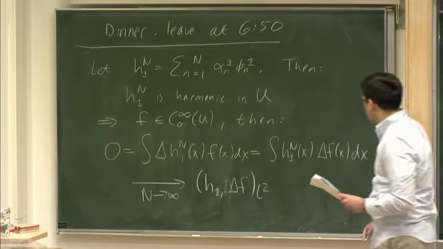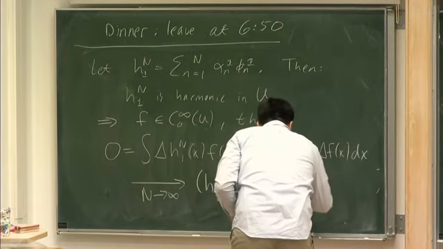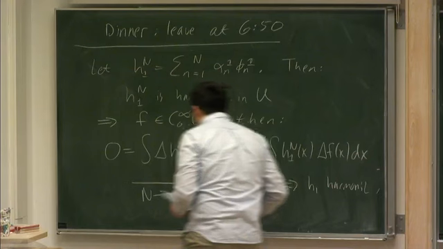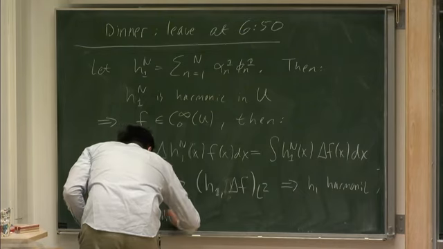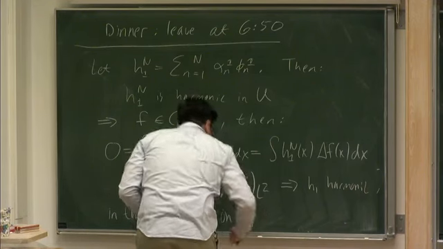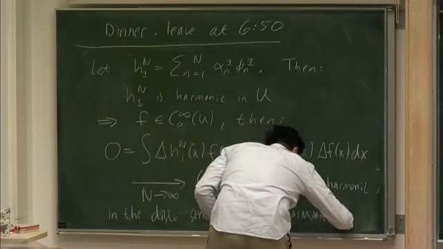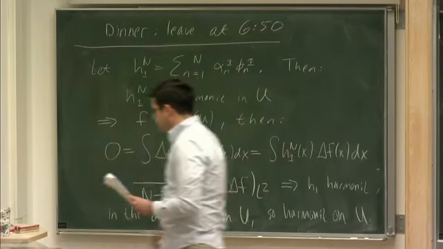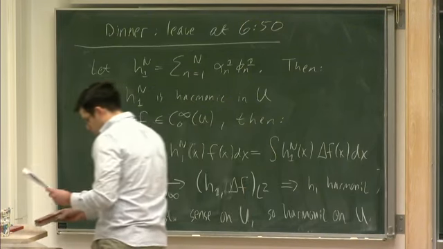And since all of these things are equal to 0, it follows that this is equal to 0 too, and so h1 is harmonic in the distributional sense on U, so it's also harmonic on U. Okay, and that finishes the Markov property.